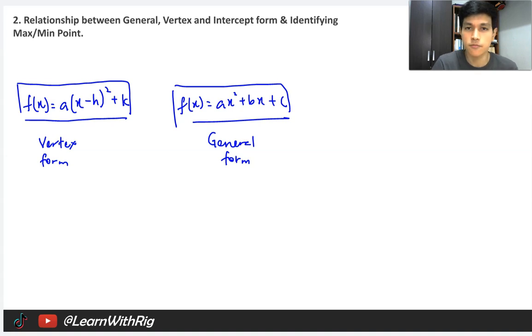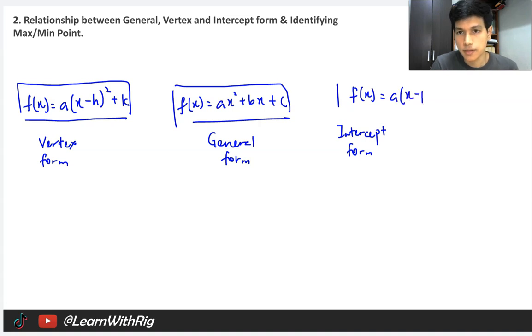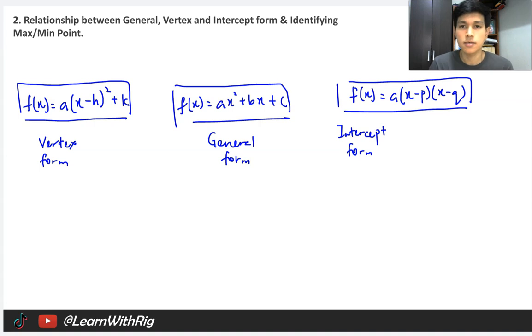Let's talk about the third form. The third form is what we call intercept form. It's going to look like f(x) equals a(x minus p)(x minus q). Okay, this is what we call intercept form.